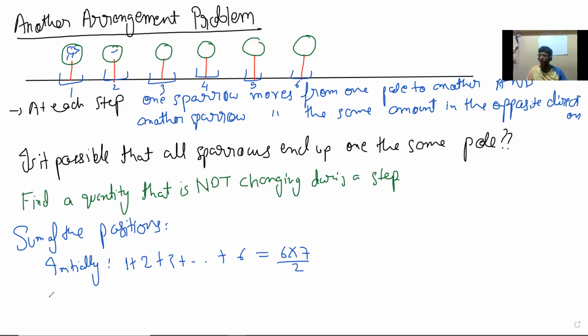What is this quantity doing? Given any arrangement of sparrows, for each sparrow, I am noting down its position, which pole number it is in, and adding the pole numbers that you get in this way.